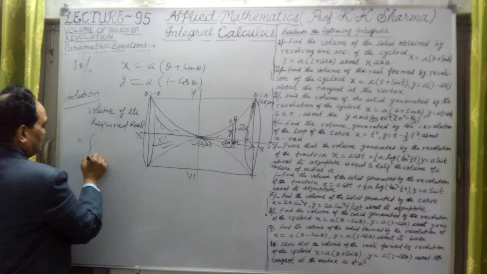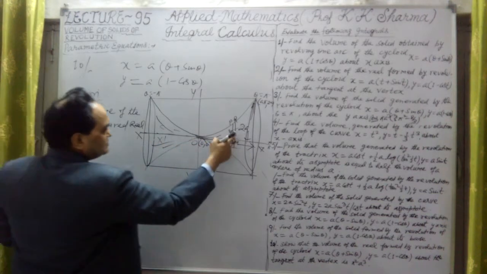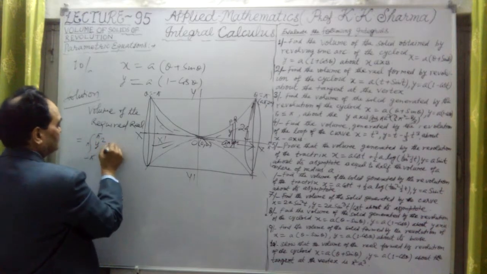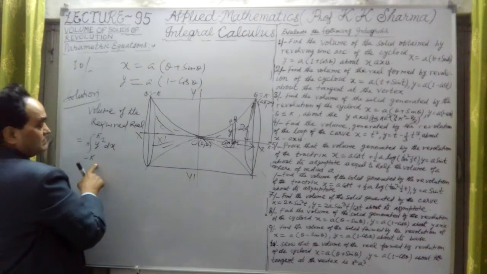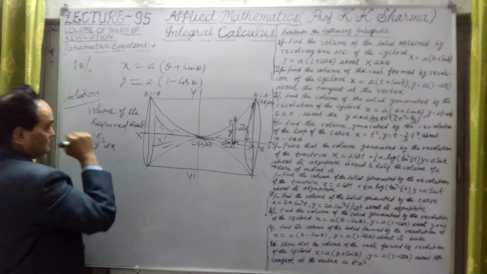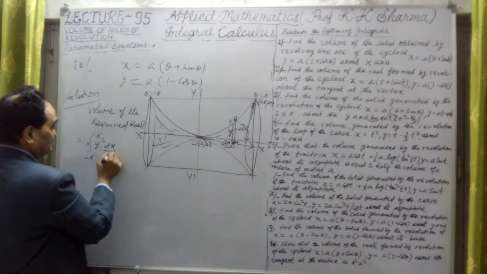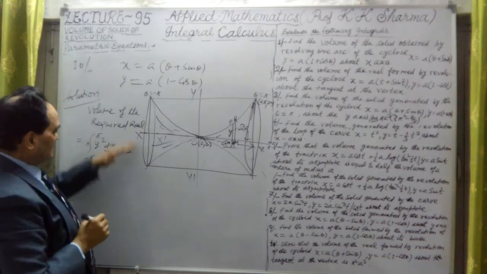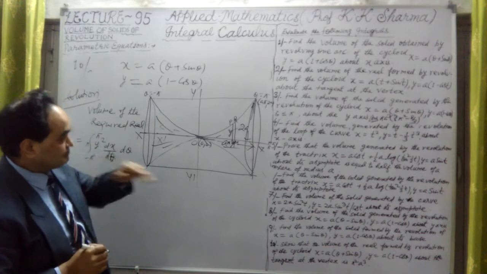The elementary strip is pi y square dx, integrated from minus pi to plus pi, where the limits are theta, so dx upon d theta into d theta. This is the total volume of the reel here.